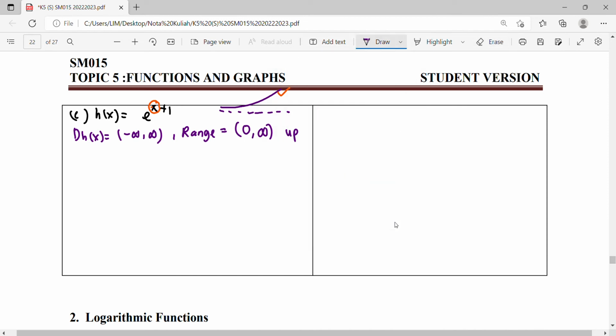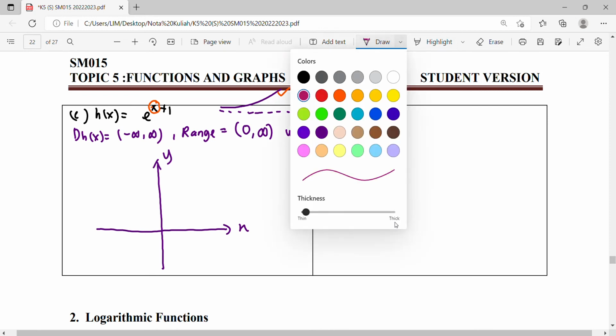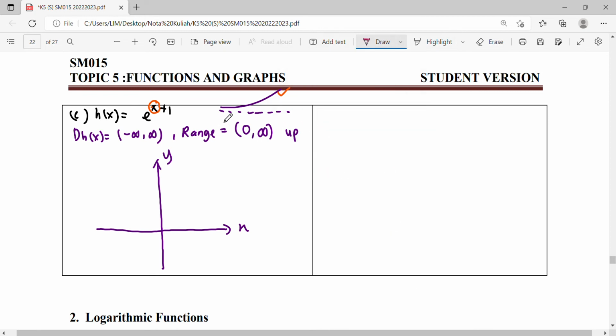Then we can start to set up our x-axis and y-axis. We draw our asymptote. The asymptote is the minimum value here, which is 0. So label your asymptote, y is 0. Then we draw our graph, which goes parallel, then shoots up to the right.